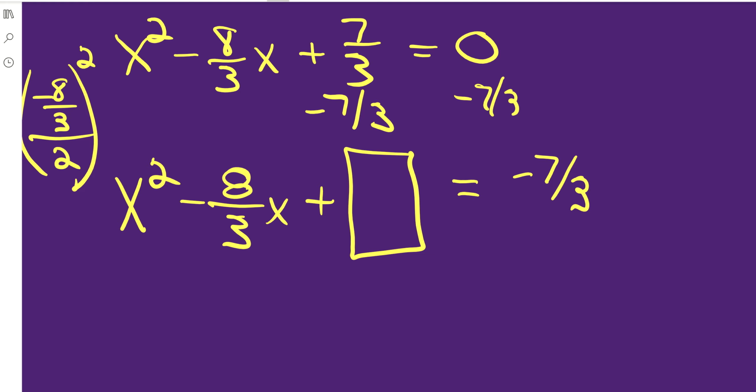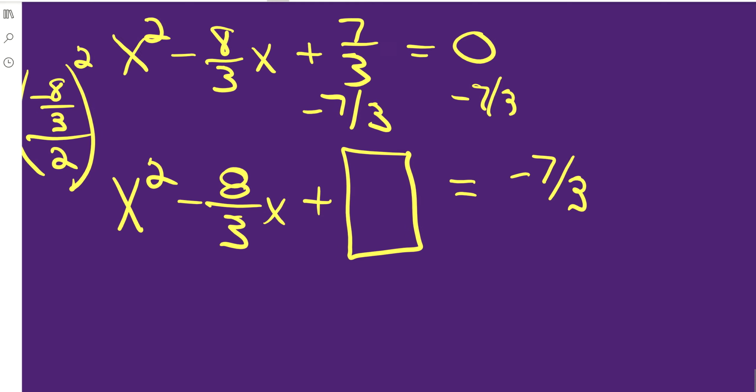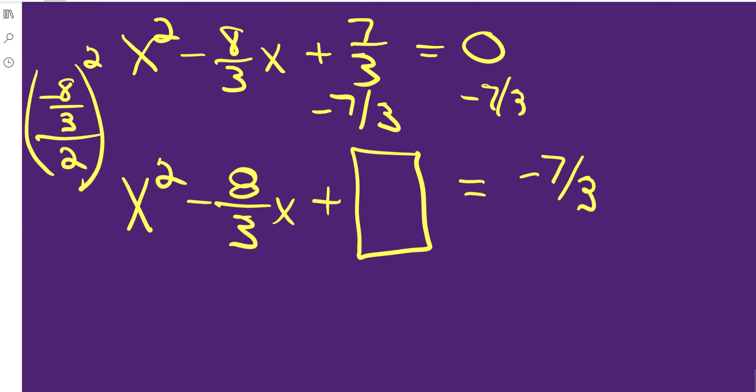So let's see. We have -8 over 3 divided by 2, so what I end up doing is multiplying the 3 times the 2, and that'll give me -8. Hold on one second, let me rearrange my board here.